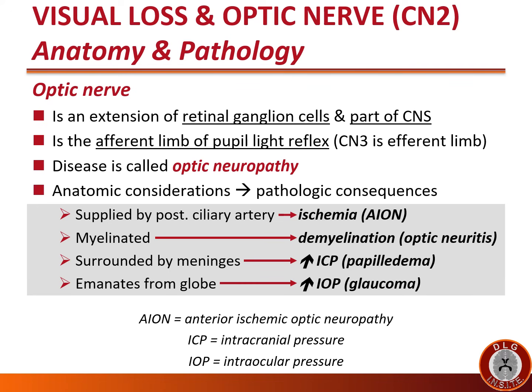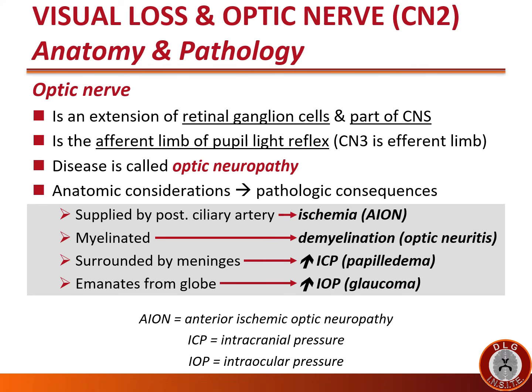So first of all, the optic nerve is supplied by the posterior ciliary artery, and this is prone to ischemia. When this ischemia occurs, it's called AION, anterior ischemic optic neuropathy. The optic nerve is myelinated, therefore demyelinating diseases can cause optic neuritis. The optic nerve is surrounded by meninges.